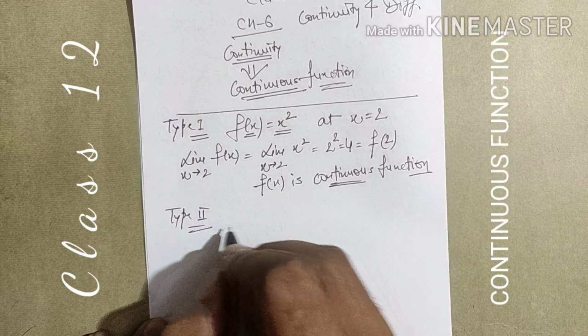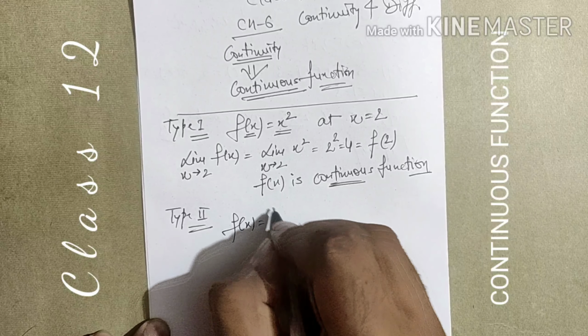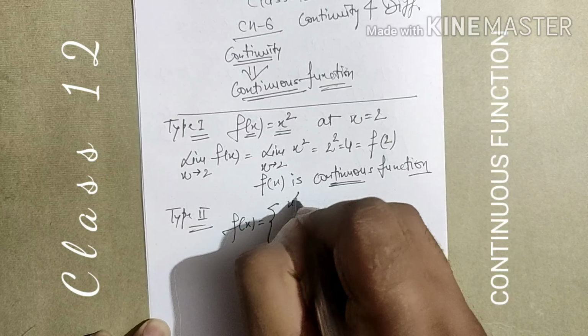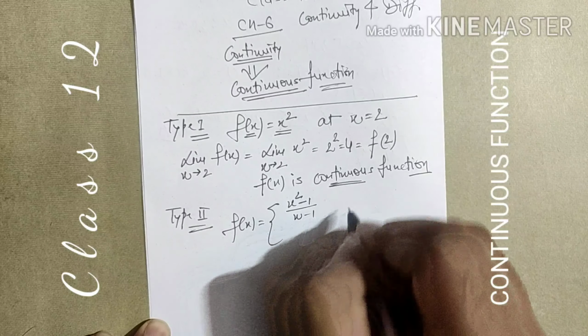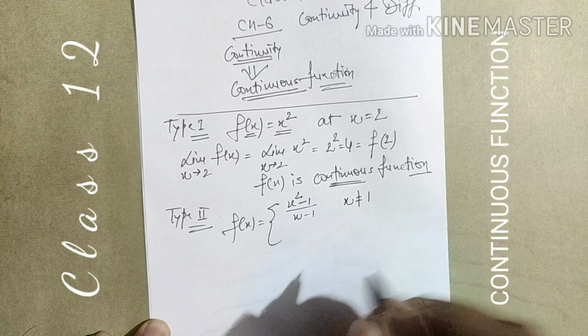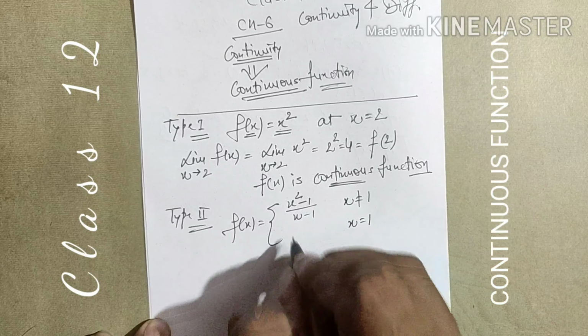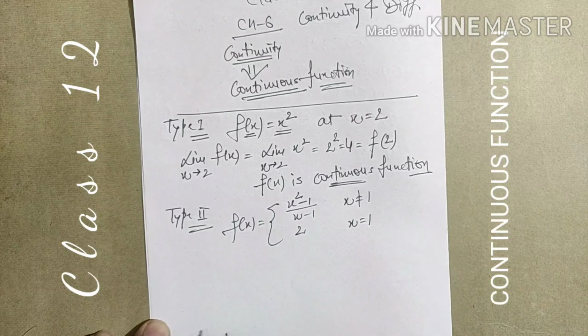Type number 2, when the function has given two different values. For example, this is given: when x is not equal to 1, and at x equal to 1 it is given by 2.